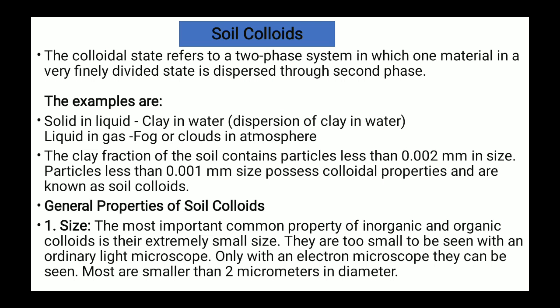What are soil colloids? The colloidal state refers to a two-phase system in which one material in a very finely divided state is dispersed through a second phase. Colloids means particles which are made from different types of materials.